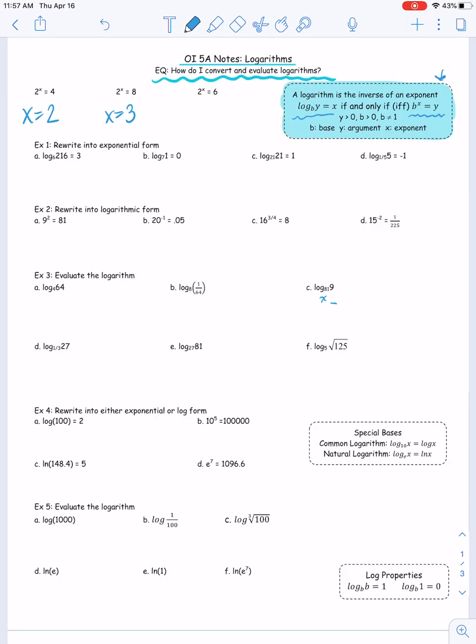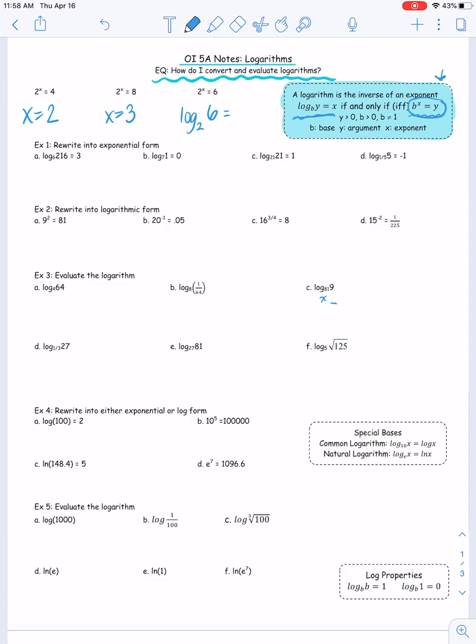So if I have 2 to the x power equals 6, then that means 2 is my base. So this is going to be the same thing as log base 2 of y. What is y? That's our argument. Well, looking at this exponential form, equals y, that means 6 is our argument. Looking at our log function, log base of the argument equals x.